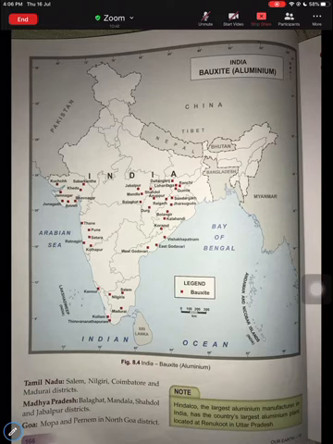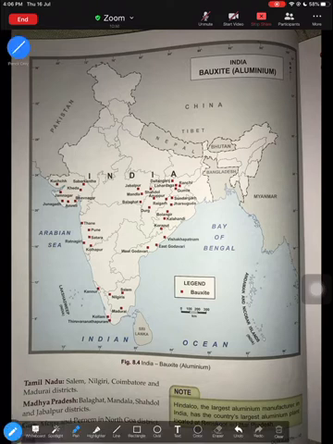There is some bauxite in Tamil Nadu also; if you're learning about Tamil Nadu, Salem is one. Madhya Pradesh again, Balaghat is there. So please try to remember the similar districts which you are learning for other minerals as well. That way you will be able to remember and your answer would be correct.